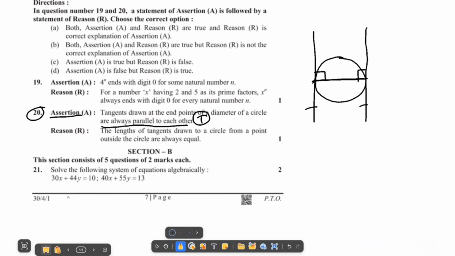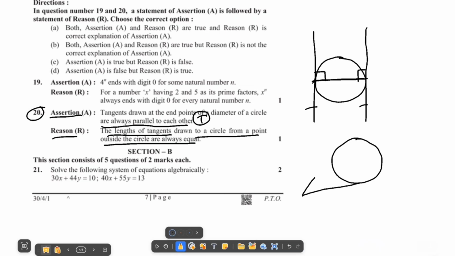Next one is, what is the reason given here? The lengths of tangents drawn to a circle from a point outside the circle are always equal. Yes, the lengths of the tangents drawn from an external point to a circle are equal.